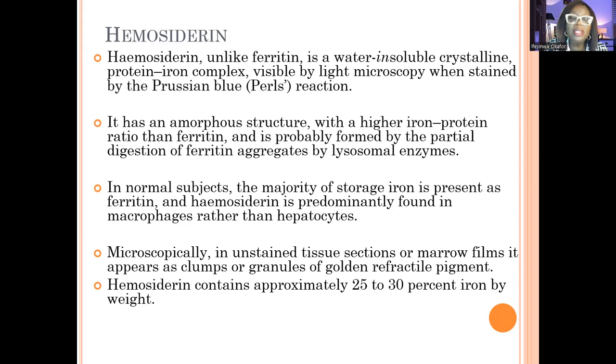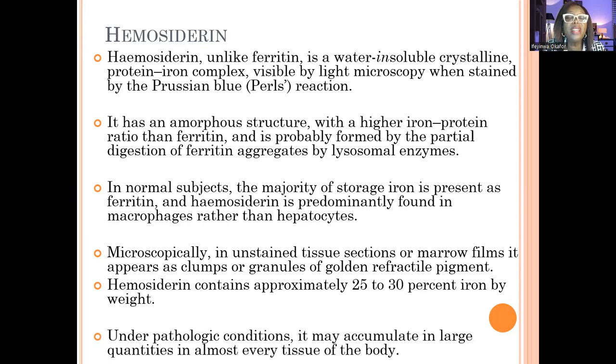Under pathologic conditions, iron may accumulate in large quantities in almost every tissue of the body in the form of hemosiderin, especially in what we call hemochromatosis. You can see hemosiderin being deposited in every tissue of the body.